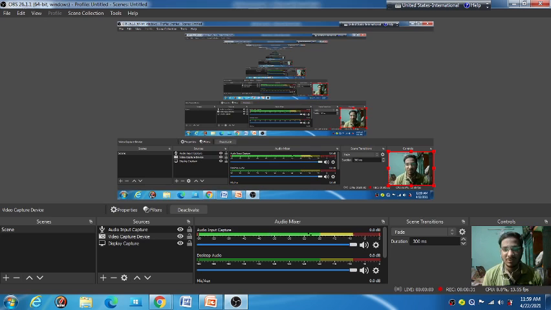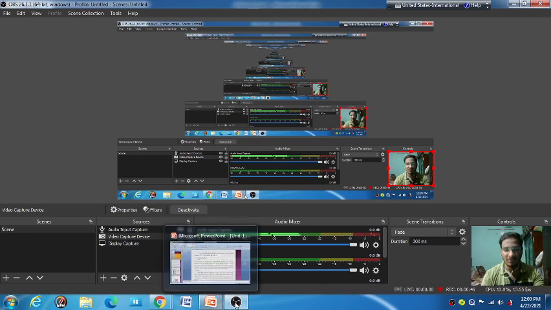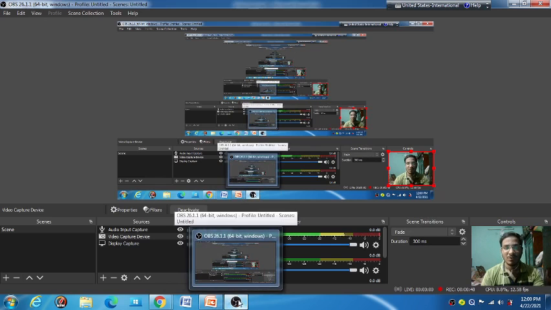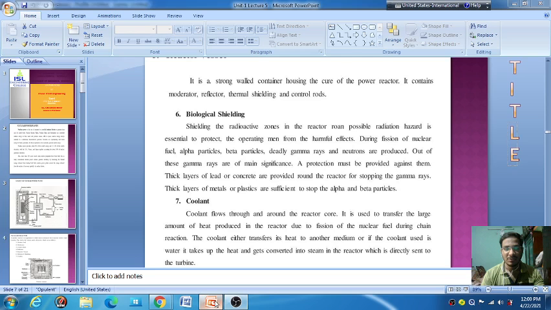Now we are discussing the important one, the nuclear power plant: how nuclear energy is produced as heat, which then goes to the generator and produces electricity. So, shall we start now?